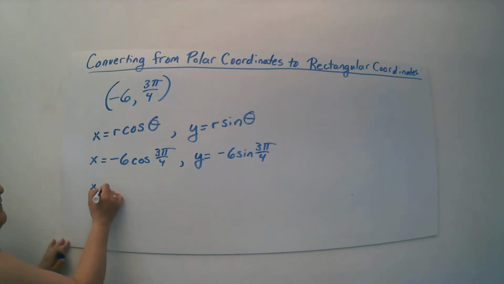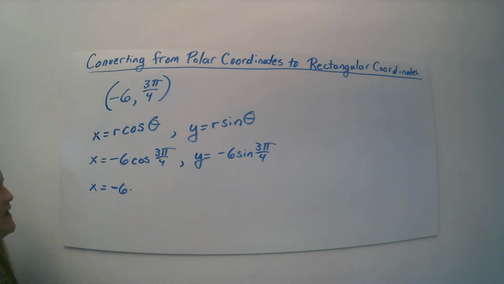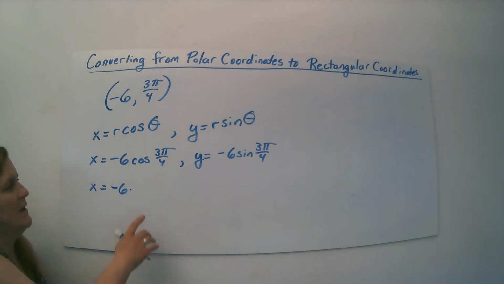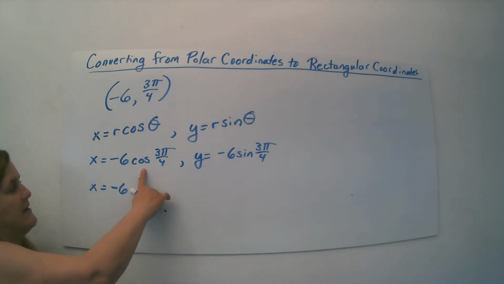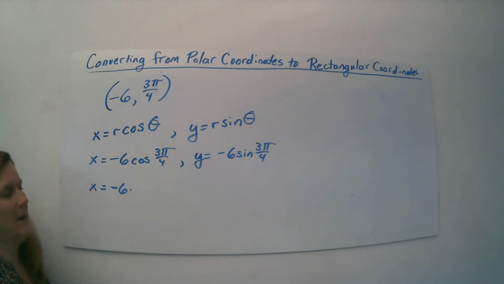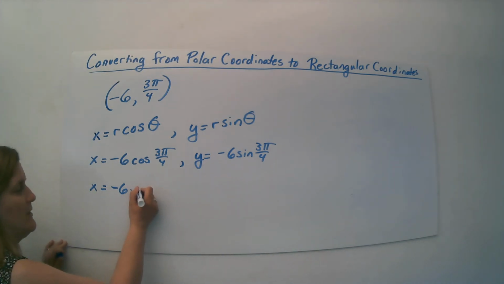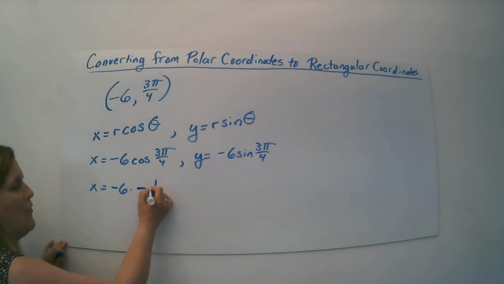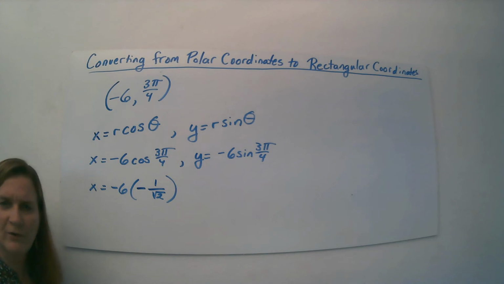Let's substitute in the values that we know for the cosine of 3 pi over 4. We know that's in the second quadrant, so it will be negative: negative 1 over square root of 2, or negative square root of 2 over 2 if you prefer.